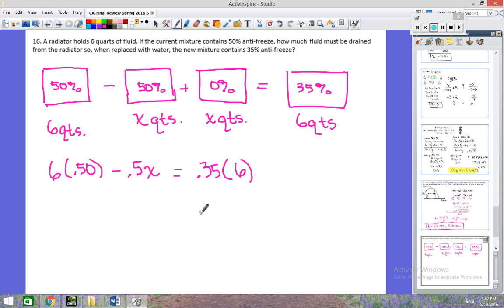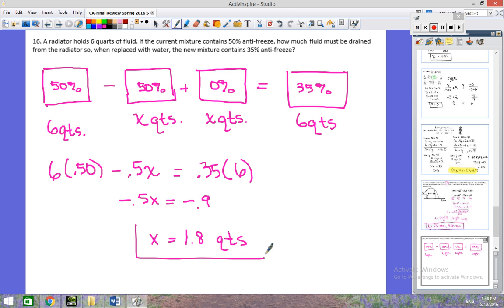We can solve this for x. So, if I take 0.35 times 6 and I subtract 6 times 0.5, I get that this negative 0.5x is equal to a negative 0.9, so I divide both sides by a negative 0.5, and I get 1.8 quarts.